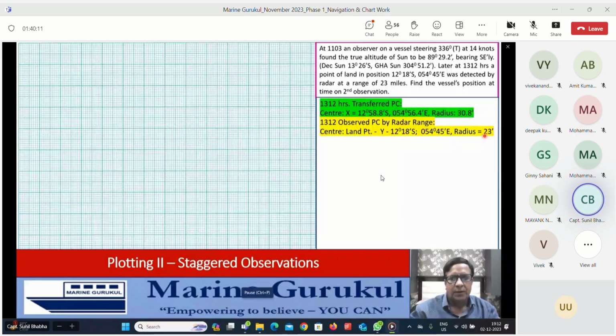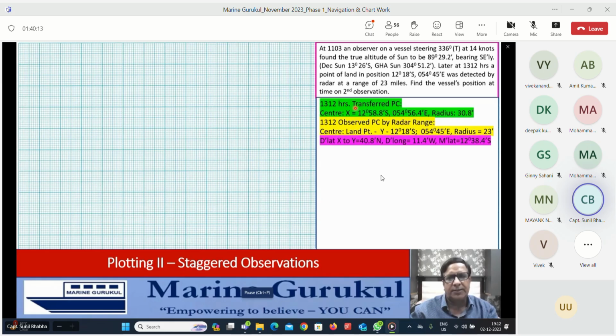Now the DLAT from X to Y, X is the center of the transferred PC, Y is the center of the observed PC. DLAT between their centers happens to be 40.8 minutes north. That means Y is 40.8 minutes north of X, and D long between the two happens to be 11.4 minutes west, and MLAT between the two is 12 degrees 38.4 minutes south.